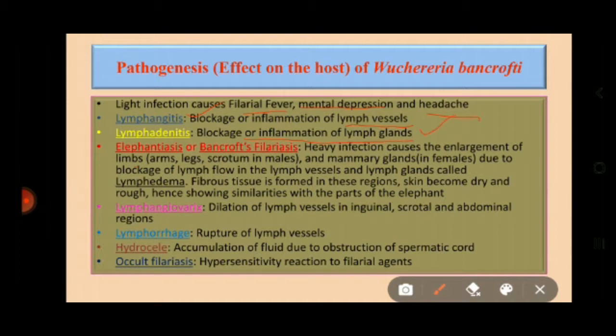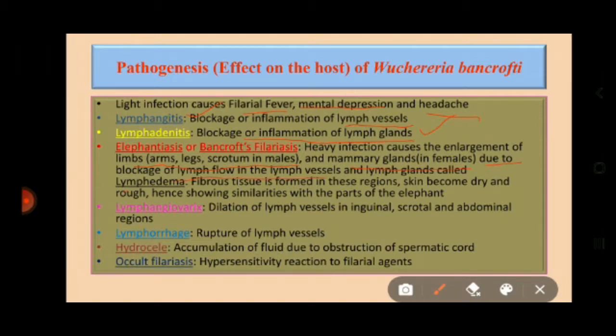So heavy infection causes the enlargement of limbs, especially the arms, legs and scrotum in males, whereas in females, arms, legs and mammary glands, that is breasts, due to the blockage of lymph flow in the lymph vessels and lymph glands.